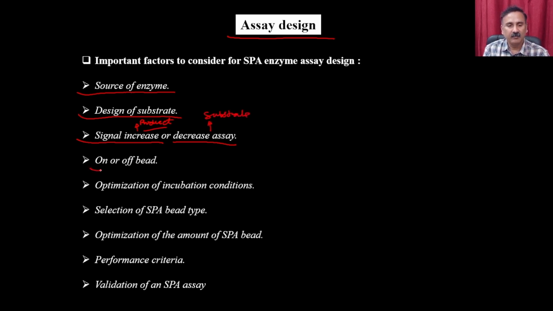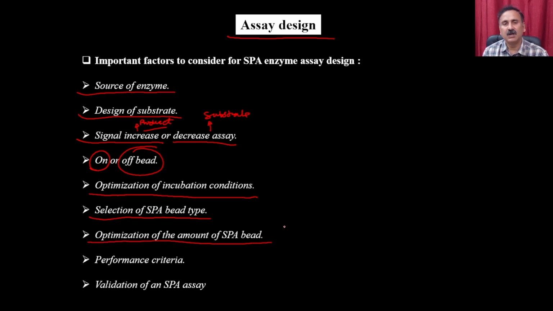Then whether you want to make it on bead or off bead, which means whether you want to capture the on signal or the off signal. Then you are also going to have the optimization of the incubation concentrations. Then you are going to have the selection of the different types of SPA beads, and also the optimization of the amount of SPA beads you are going to use for every reaction. And then you also have the performance criteria and the validation of the SPA assays.